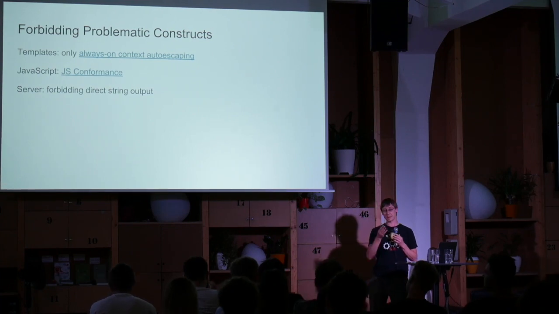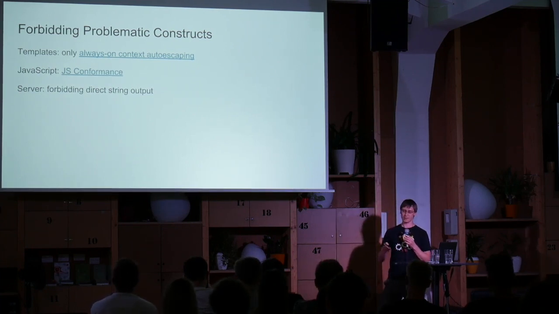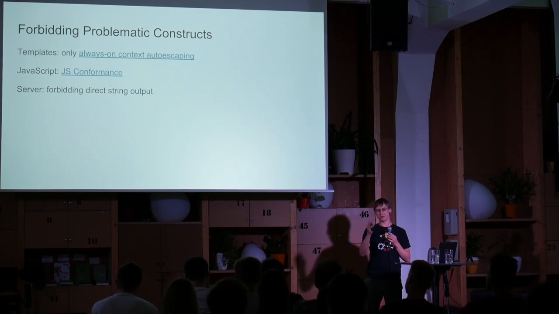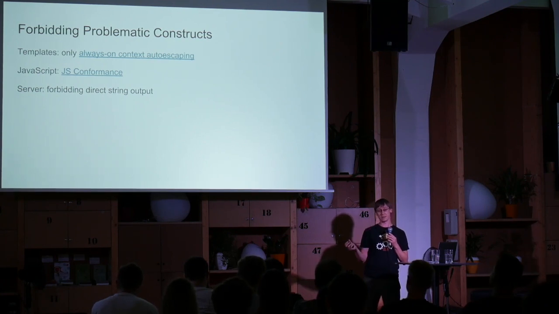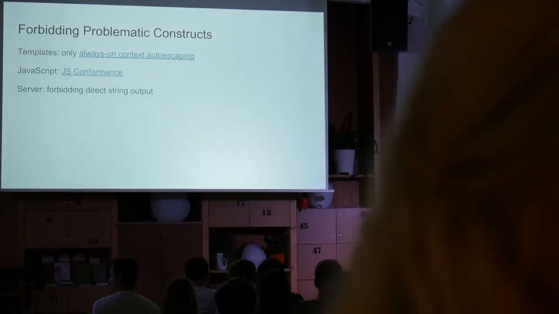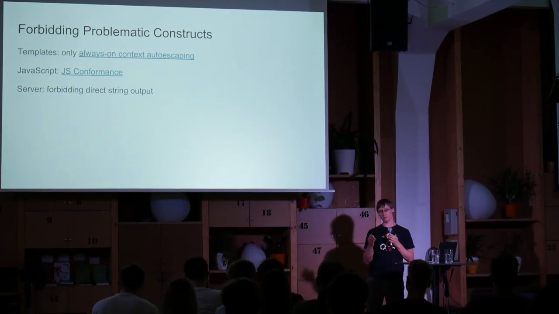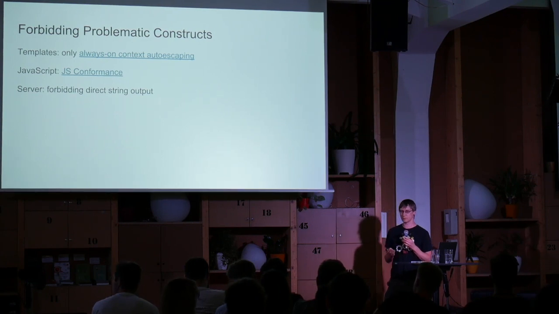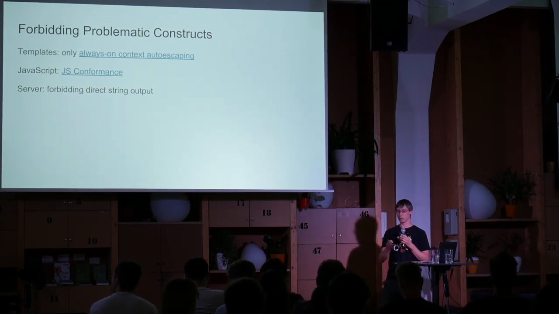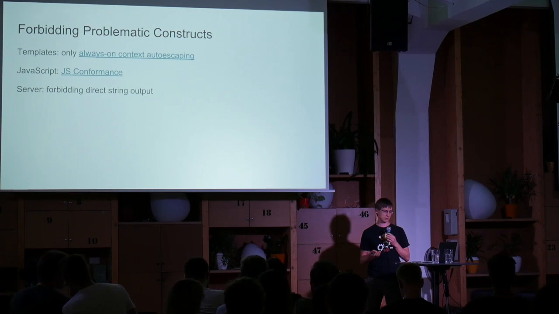So for templates, we only allow auto-escaping, which means that if you print some variable, it is escaped by the context where you print it, which means that if you print something in HTML, it gets escaped for HTML, right? So the code couldn't execute. And the same is true for all other contexts: JavaScript, style, and so on.